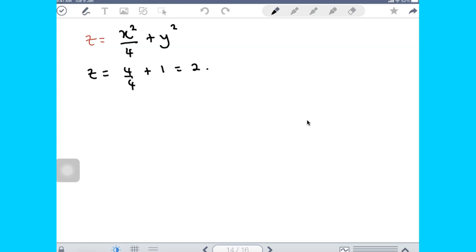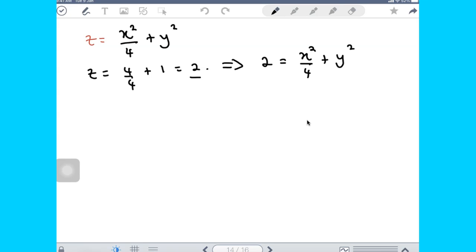So now you can see that the equation which passes through the point 2, 1 is, because now you get z equal to 2, right? So 2 equal to x squared over 4 plus y squared.